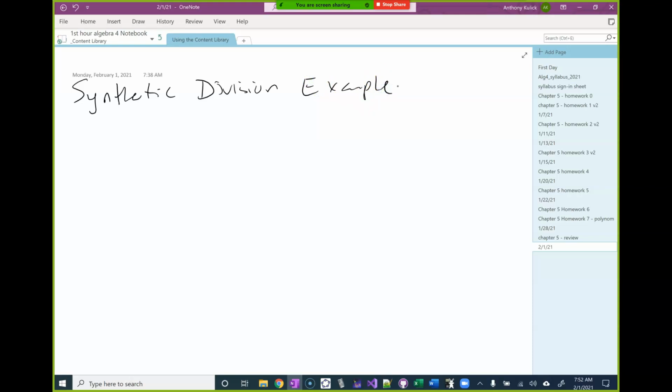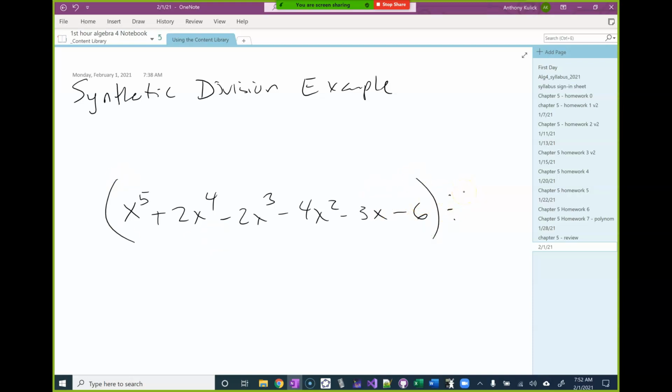So synthetic division is just a shortcut that we can use. So let's say we have the polynomial here, and we want to divide this polynomial by, say, x plus 2.